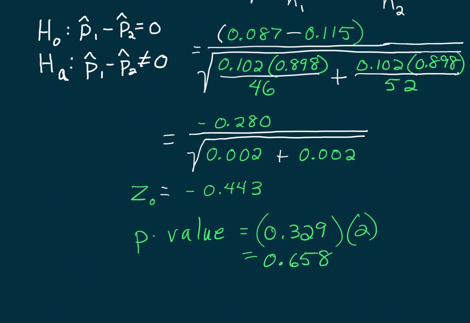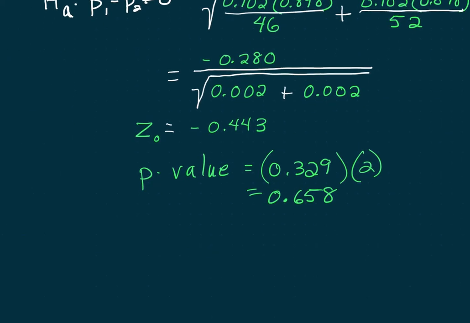Now, I did not give you a significance value, did I? And we said if it's not given, you can assume that it is a significance level of 0.05. It doesn't really matter what it was because it's going to be really hard for this large a p-value to beat any level of significance.